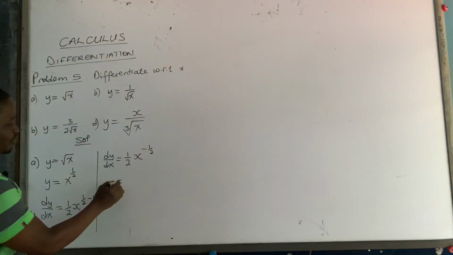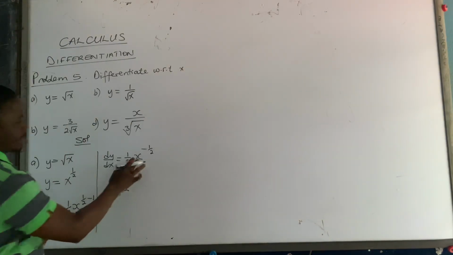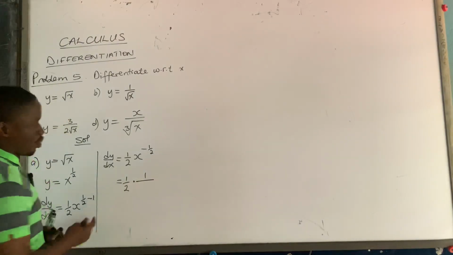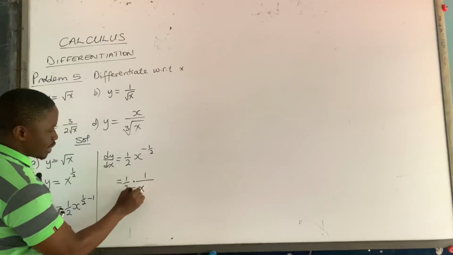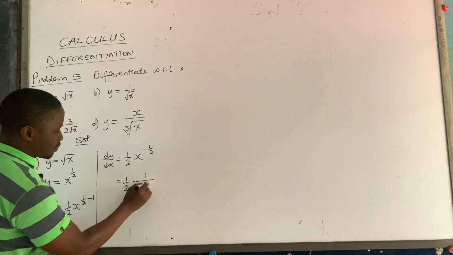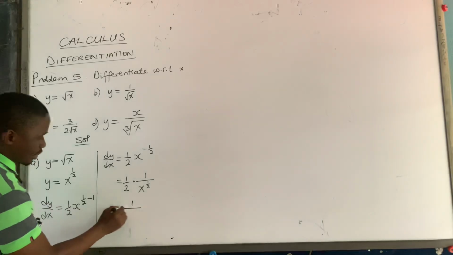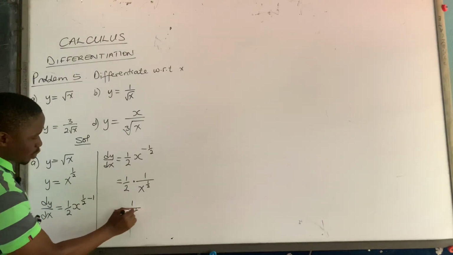So this one is simplified as half multiplied by, the x has to go down. So at the top we say 1 all over. 1 divided by. When the x comes down, the sign changes to positive. So we say 1 times 1 is 1. This one gives 2 x raised to the power half.